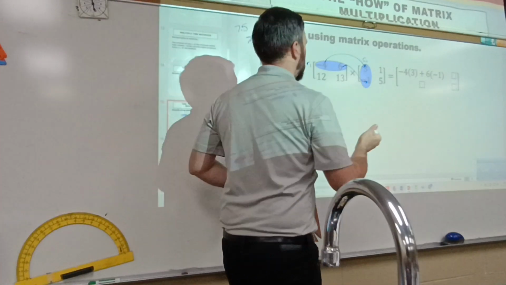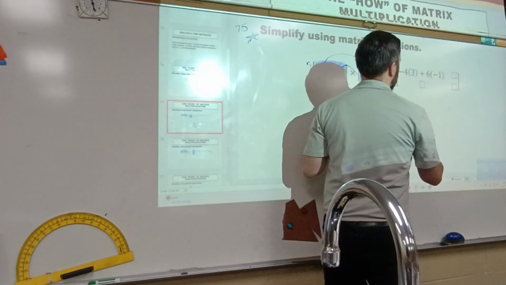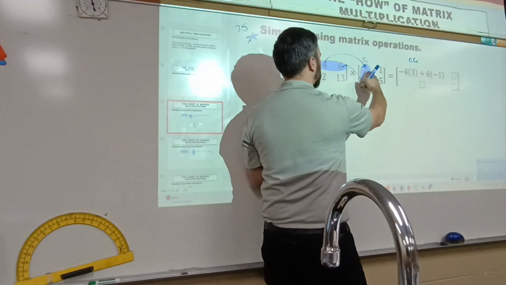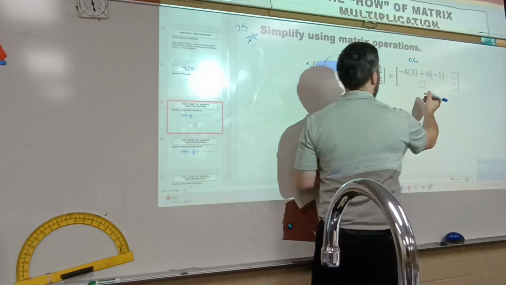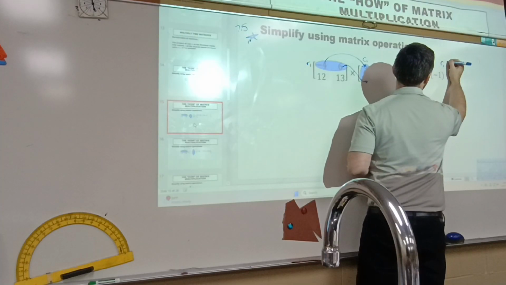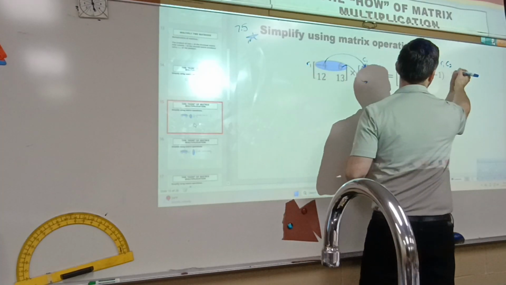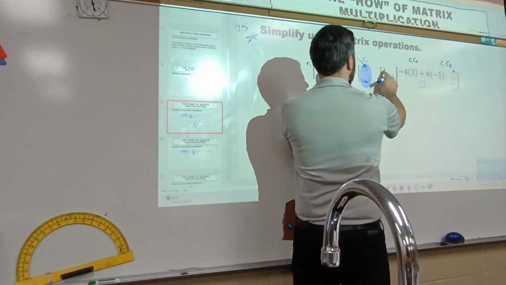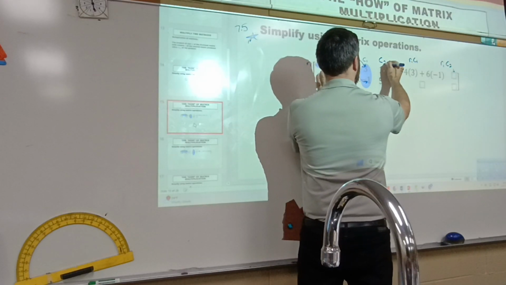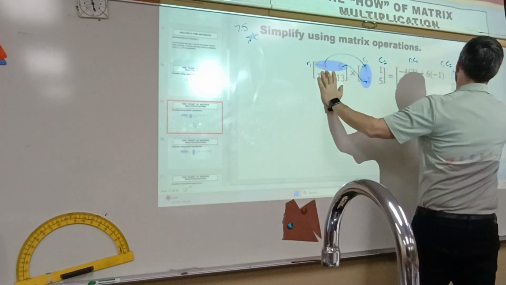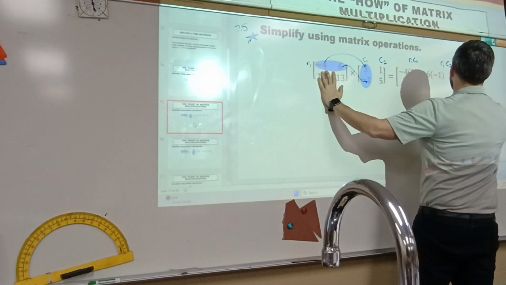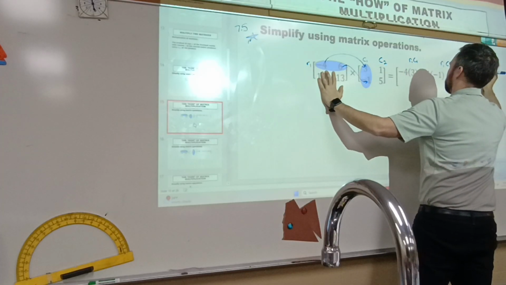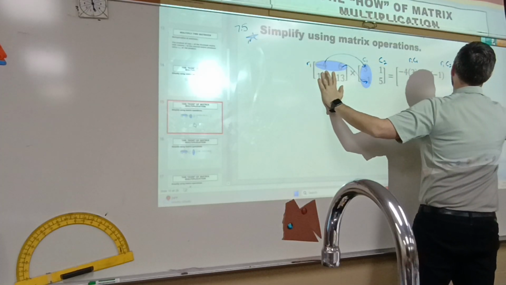All right? So again, row 1, column 1 by doing row 1 times column 1. How am I going to find row 1, column 2, do you think? How am I going to find this box right here? I'm going to do row 1 times column 2, right? I'm looking at the blue.